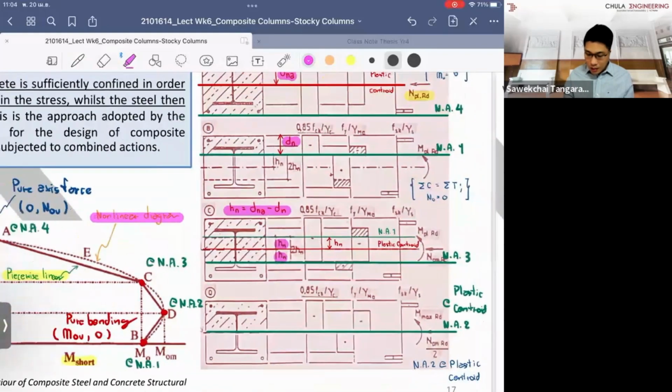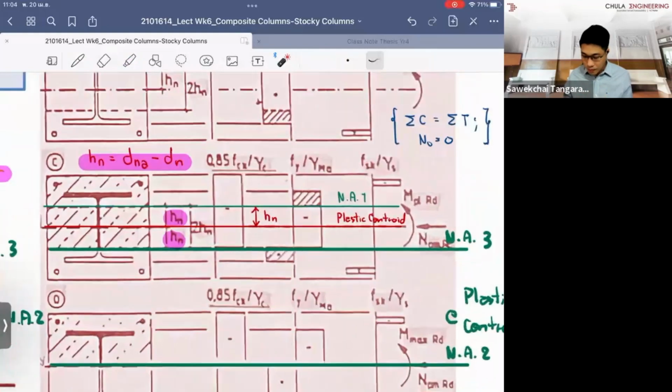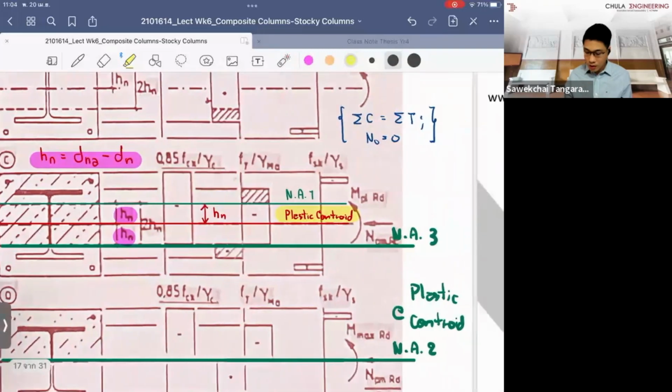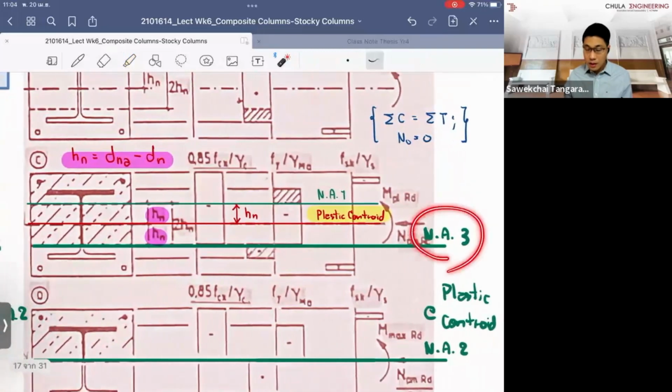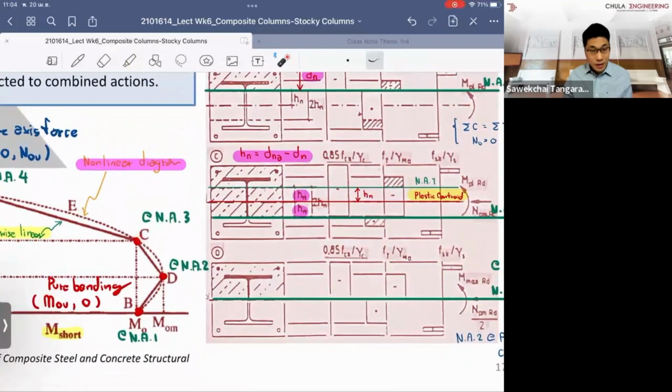Then you allocate, right? You allocate the plastic neutral axis to sit below the plastic centroid at the distance of Hn. So this you will obtain the point NA3, right? Which is giving you the point C over here, right?